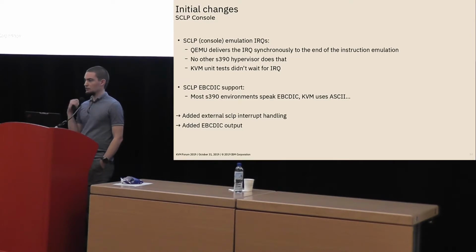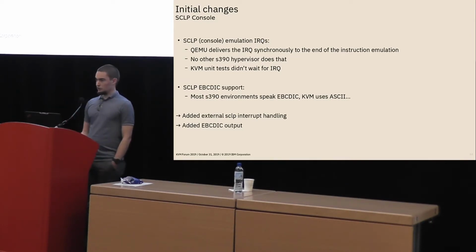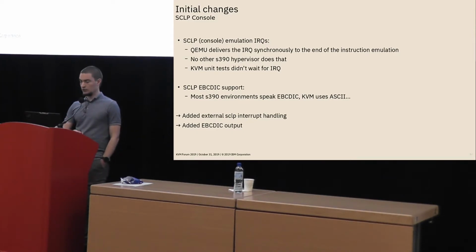So we never waited for the interrupt. That's okay for QEMU, because it's implemented that way, but on LPAR, on the machine, and on CVM, that's just not the case, and the test case would just run on. At some point in the future it would receive the data, ignore the interrupt, and work on zeros. That didn't work out great.